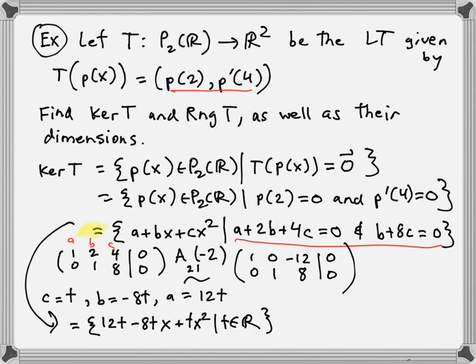But if we pull the t out, you can clearly see that this is just the span of the single polynomial 12 minus 8x plus x squared. So we found it. The kernel of T, let's write this on the next page.